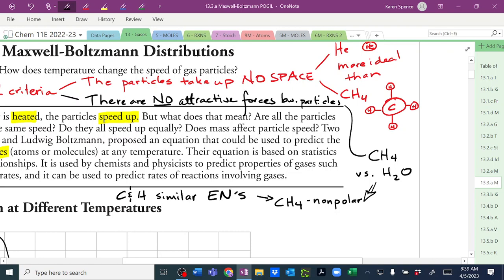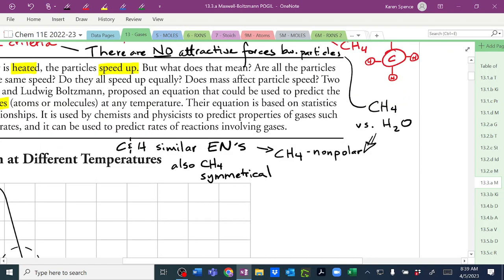And also, CH4 is a symmetrical molecule. Can you remember what shape CH4 is? It is tetrahedral, yes, we would have 1 and then 2, 3, 4, a little tetrahedron here.